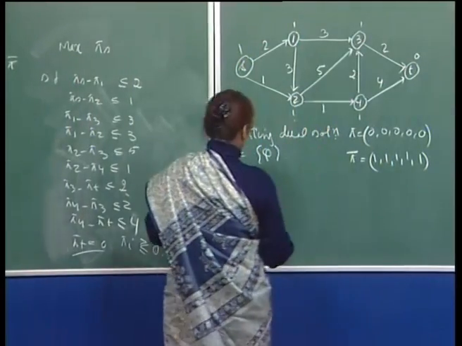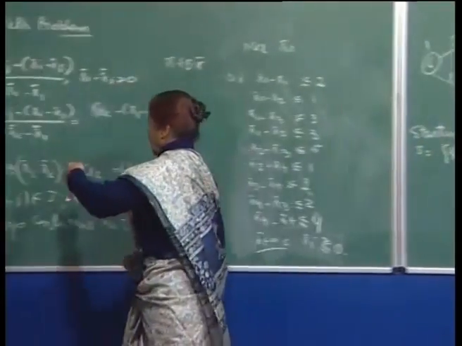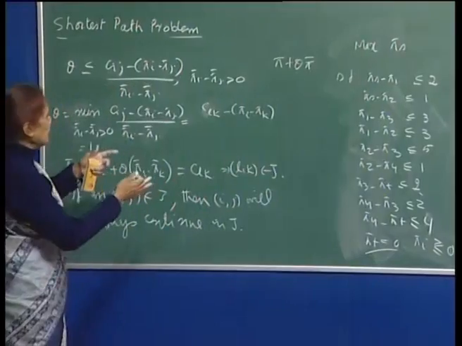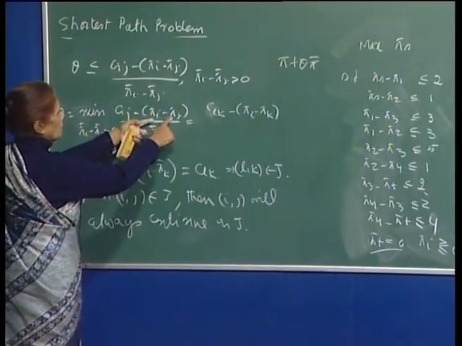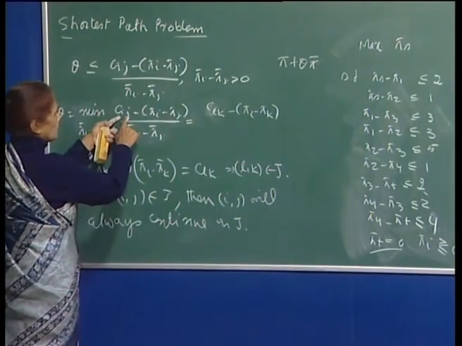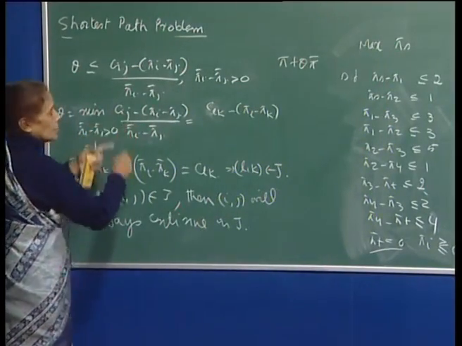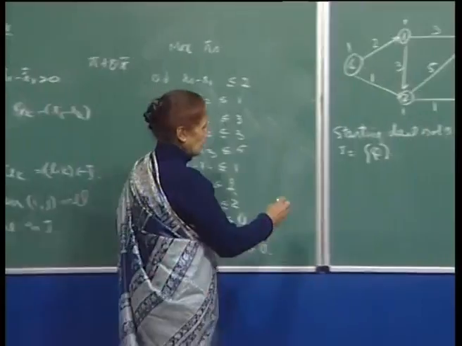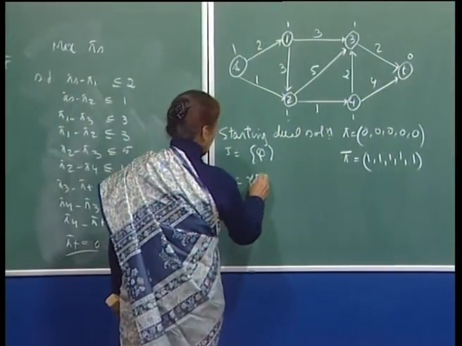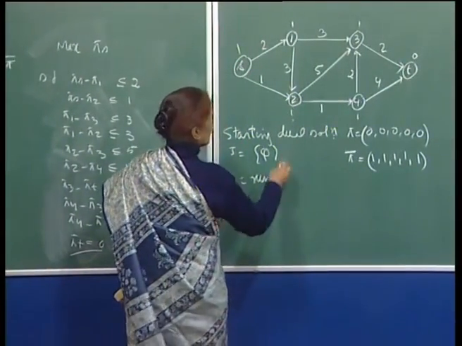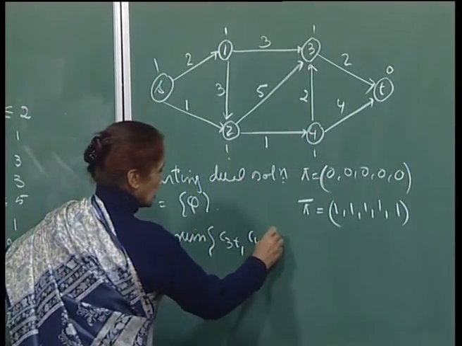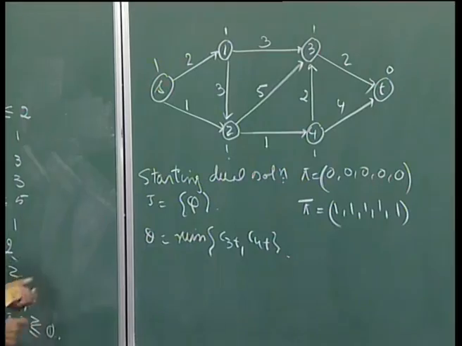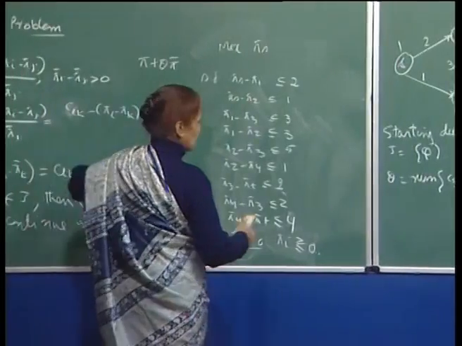And what are your Cij? The thing one has to streamline here is that you understand where you get the quantities. Right now, since all pi i's are zeros, I simply have the Cij's. So, theta will be simply the minimum of C3t and C4t, and I will try to show you how to get the values as you proceed.